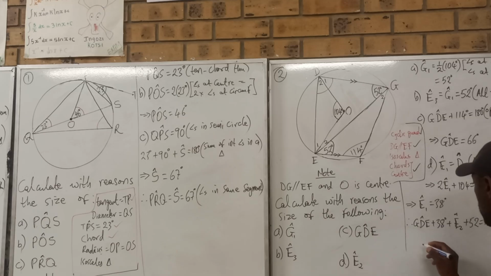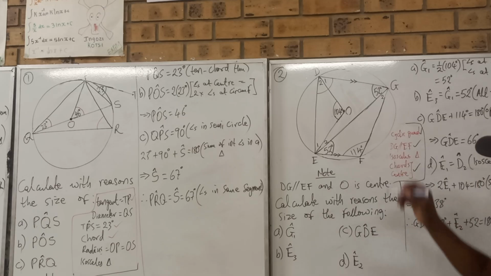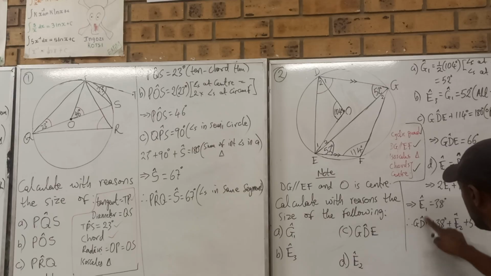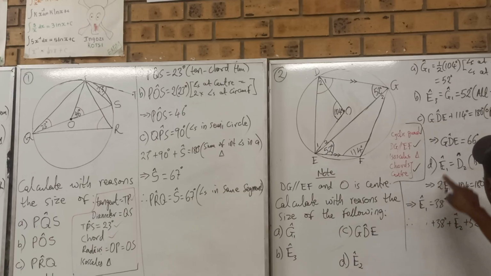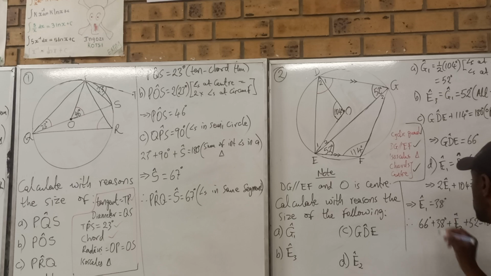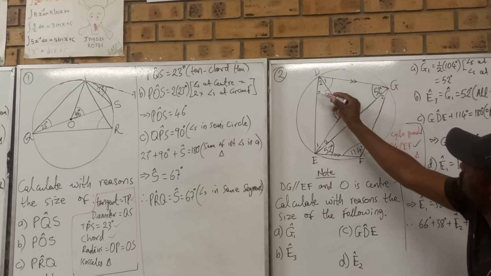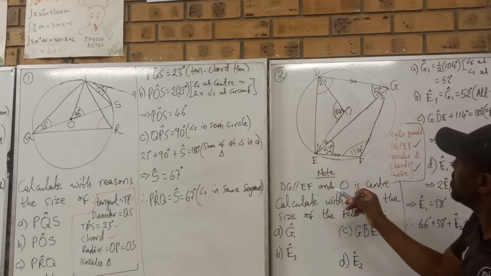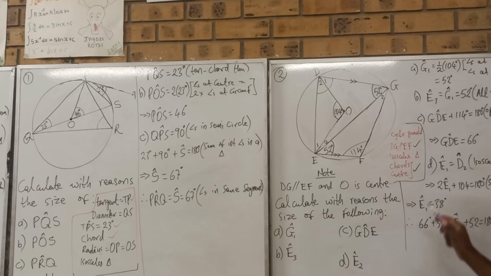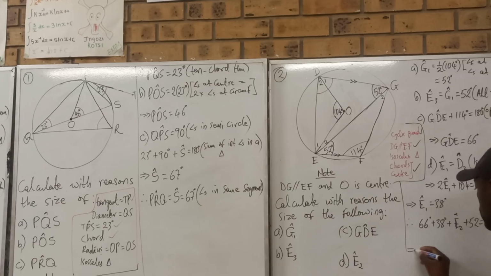So from here, GDE, I don't know why I wrote it as DGE because we already calculated GDE to be 66. We just have written it as 66. E1, we've got it as 38, E2, then plus 52. If you look at this equation, you see that E2 is the only thing that you don't know.